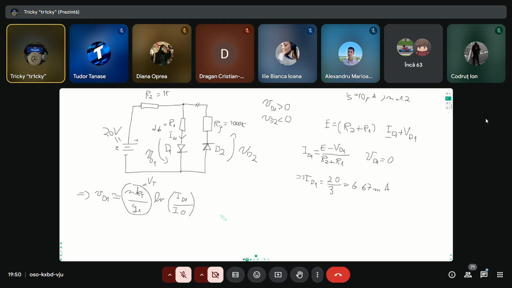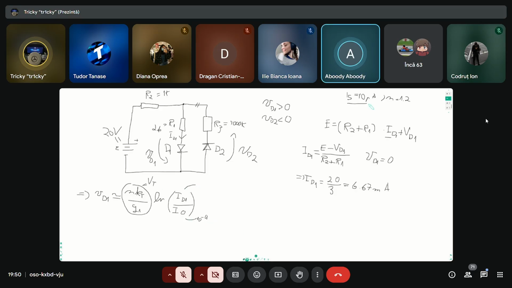Perfect. This is IS, right? We're going to write it as 10 to minus 9. I0 is the saturation current, 10 to minus 11, no? It's 10 to minus 9, I'm pretty sure. I think I'm making a small mistake here, or am I?